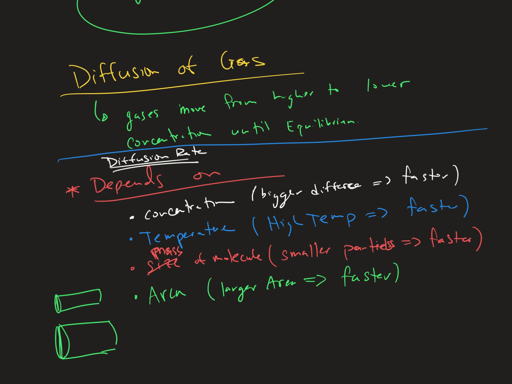So your area, there's more area for the gases to go into. I mean, if it has a bigger area, it will have a bigger volume if it's longer, right? But it has more places to go. It can diffuse in a lot of spaces rather than just right here. Does that kind of make sense?